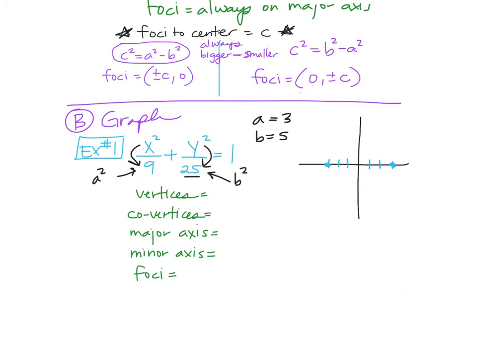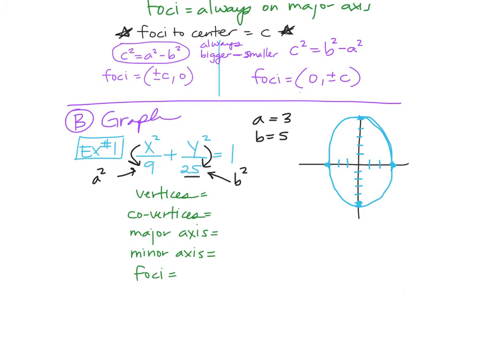So on your y-axis, we're going to go 1, 2, 3, 4, 5, and 1, 2, 3, 4, 5. Okay, and then you can make your ellipse. I feel like I did not space that out very nicely. I feel like this should be a little lower, but we'll see what it looks like. Good enough.